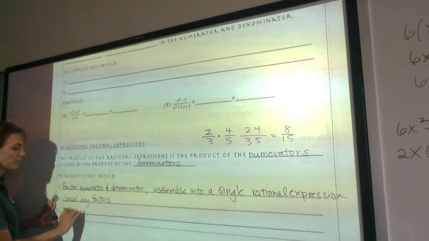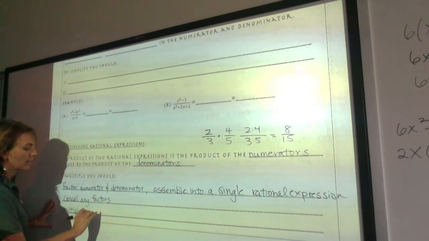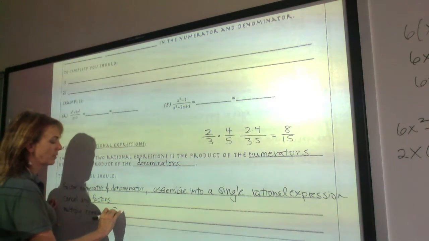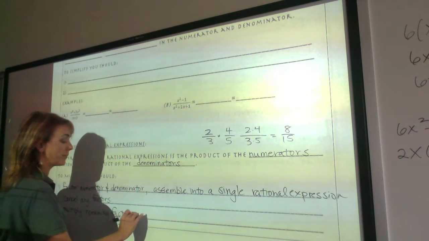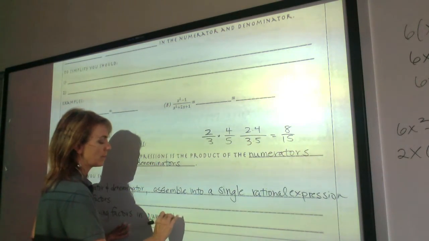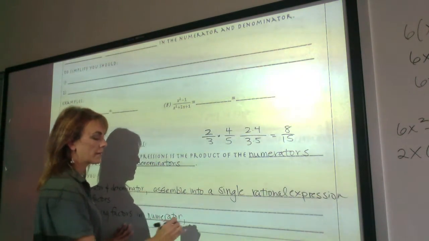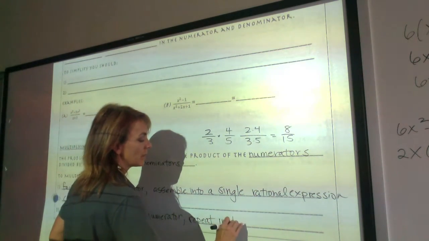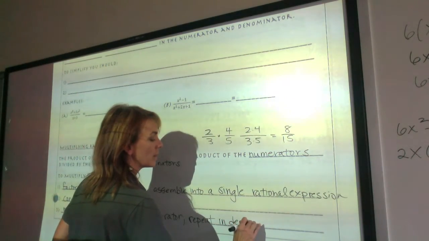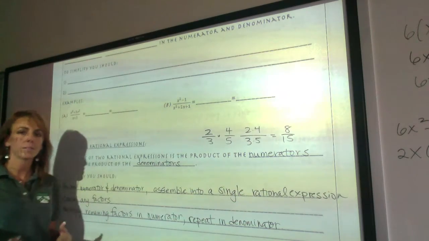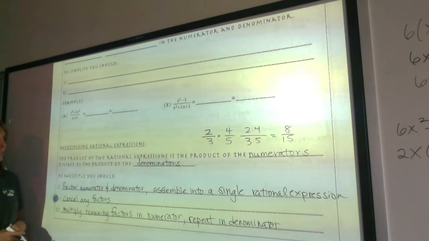So we're going to multiply the remaining factors in the numerator and we're going to repeat that and do it in the denominator as well. Okay, so this is the technique that we're going to use to multiply rational expressions.